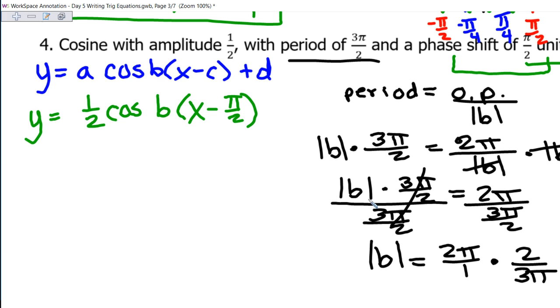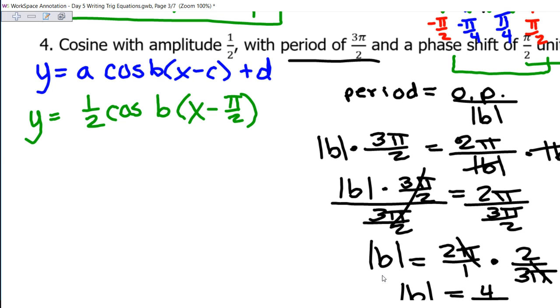I'll go ahead and cancel the pi. Pi in the numerator, pi in the denominator, those cancel. That gives me the absolute value of b is equal to 2 times 2 is 4, and 1 times 3 is 3. So if the absolute value of b is equal to 4/3, that means my b value is 4/3. We're going to assume the b value is positive.